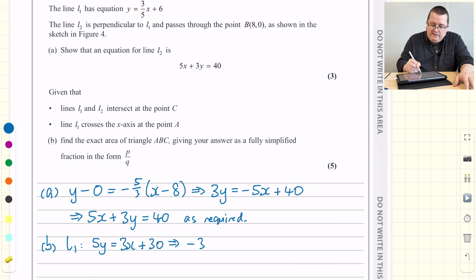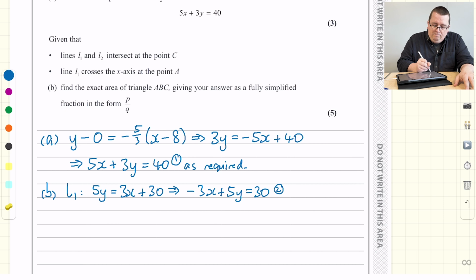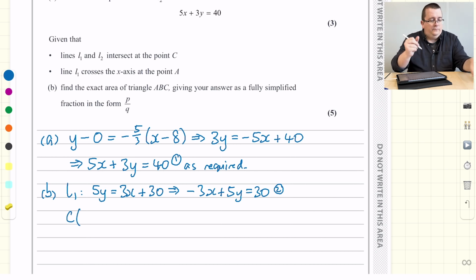And then rearrange that to get minus 3x plus 5y is equal to 30. So let's use these two equations and find where that intersection is. I'm going to do that by plugging them both into my calculator, into the simultaneous equation solver.